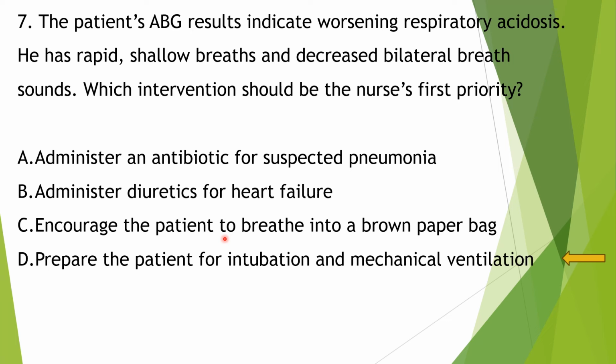If breathing into a paper bag and again inhaling, carbon dioxide is again taken in, then only carbon dioxide will be more. So this is done only when there is respiratory alkalosis. Here respiratory acidosis is there. So we need to intubate and mechanically ventilate the patient for getting more oxygen.